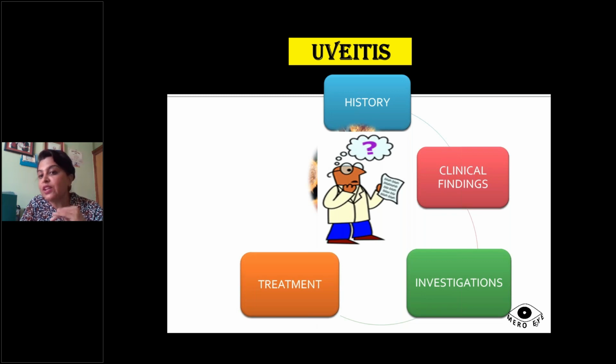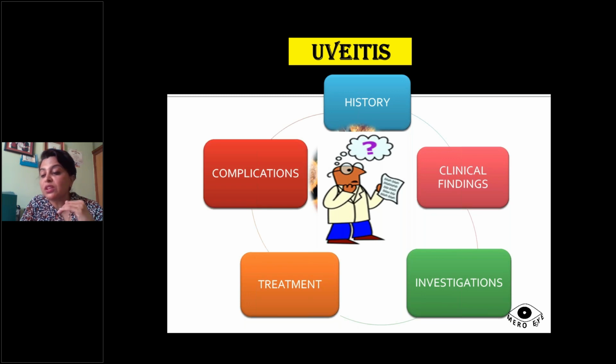If you fail in any of the steps, the problem is with the complication. There will be high chances of ocular morbidity and high chances of recurrence. That's why, in order to break this cycle, you have to do a meticulous history, a detailed clinical finding, targeted investigations, then a targeted treatment.